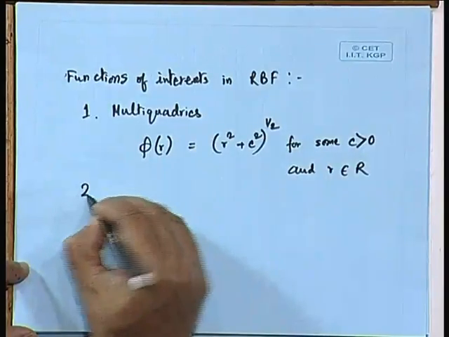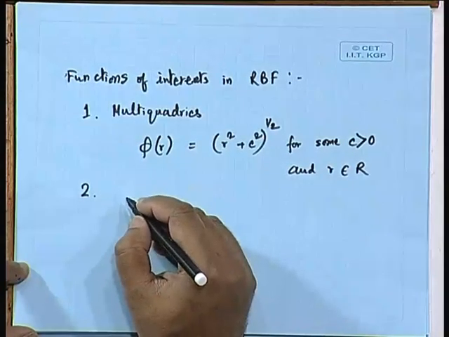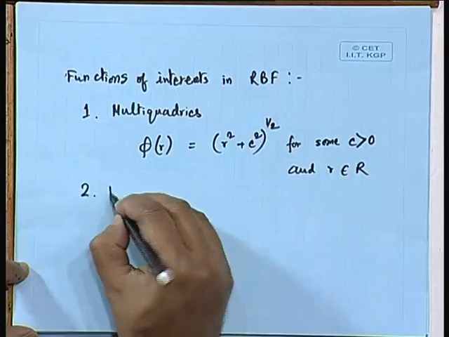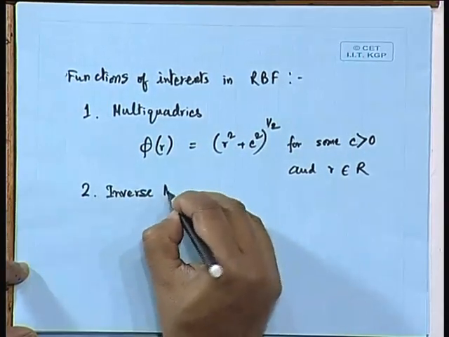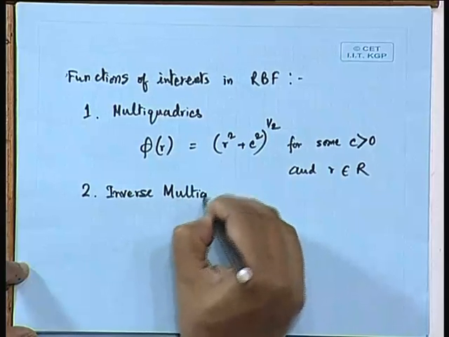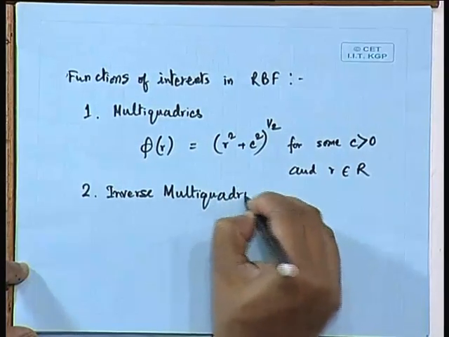There, what we have to replace is that R will be replaced by the vector that we will be feeding as inputs. So, this is multi-quadrics. Then another function which is used as a radial basis function is the inverse multi-quadrics.